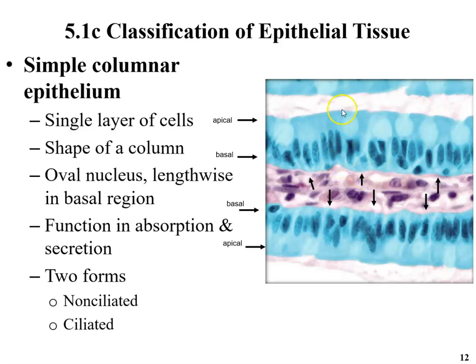Then you've got the cells here, and they're columnar shaped. The basal portion is the area closer to the basement membrane, and the apical portion is the area farthest from the membrane. These function in absorption and secretion, and there are two forms to be familiar with, the non-ciliated and ciliated.